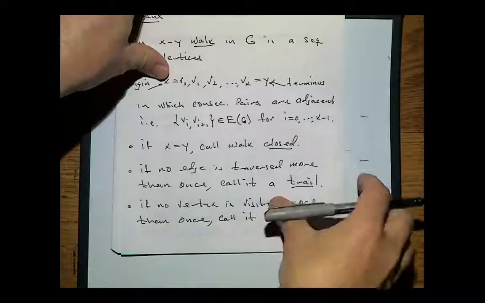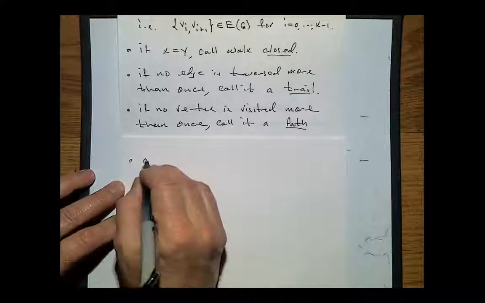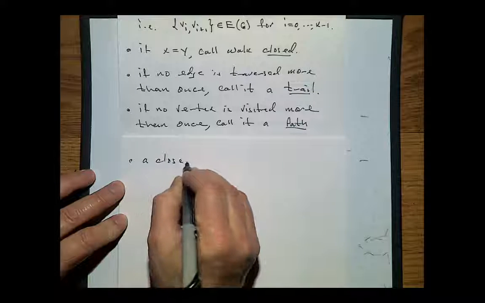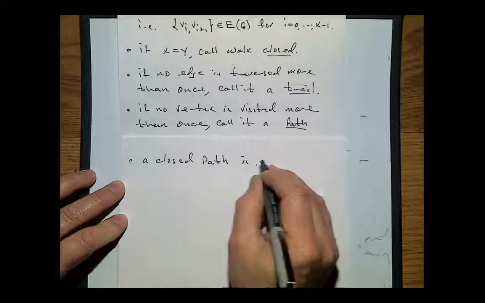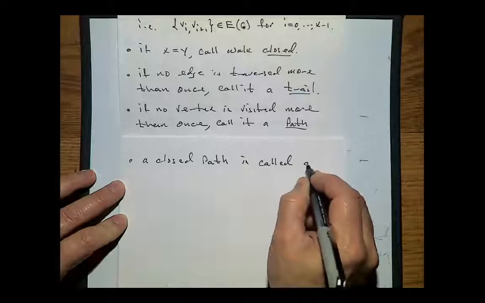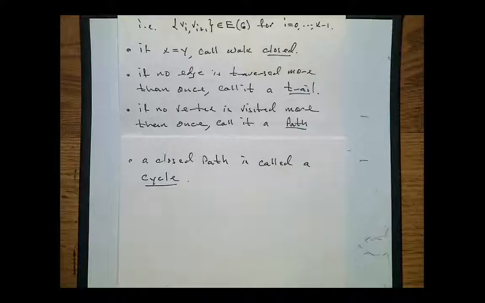And I think, as I defined before, a closed path is called a cycle. Okay, we already defined that before. So this is all in keeping with our prior definition of path and cycle.